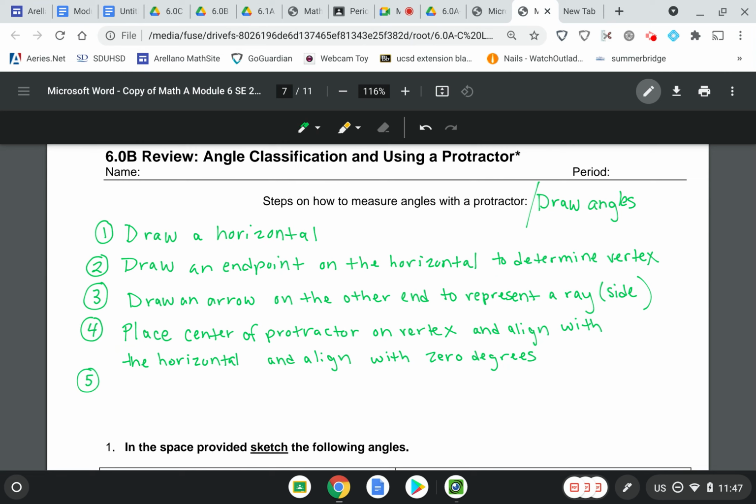Okay, so step 5, you're going to either measure clockwise or counterclockwise depending on where 0 degrees is.